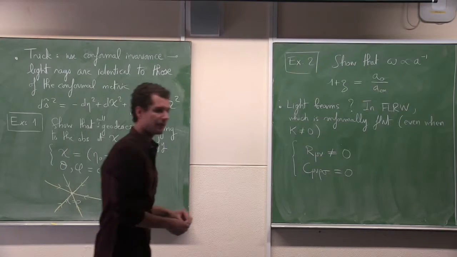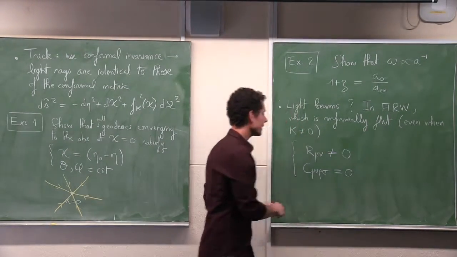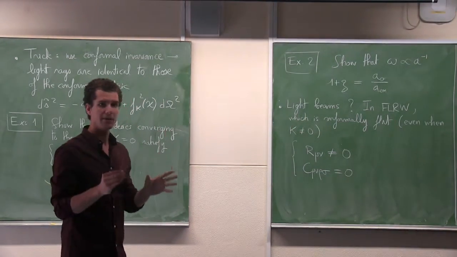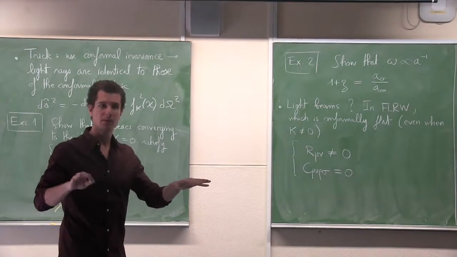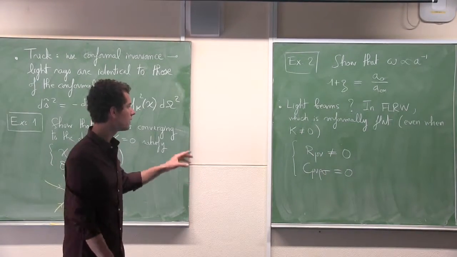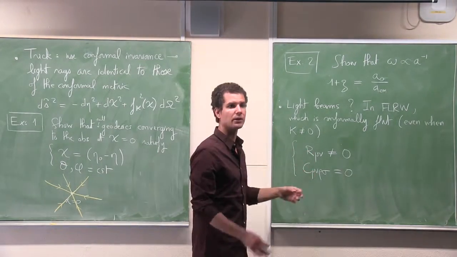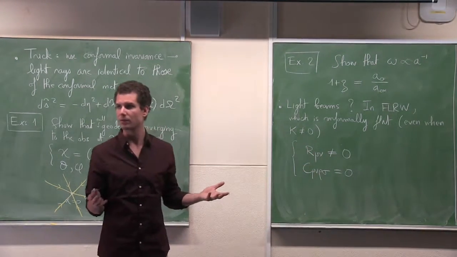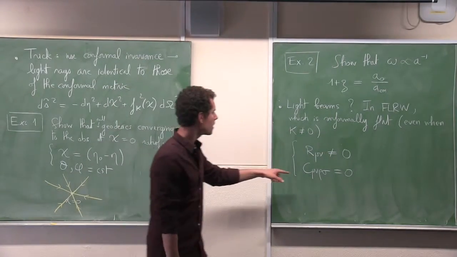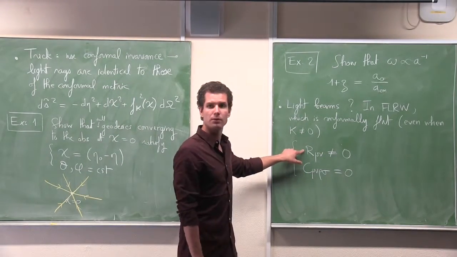So given what we have said in the previous lectures, that tells us that when you have a light beam that propagates through a homogeneous universe, it is not distorted, there are no tidal forces, as we can expect from the symmetries of the model, but there is a global focusing.